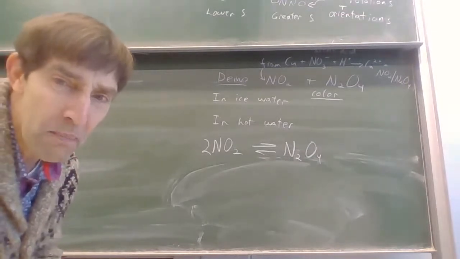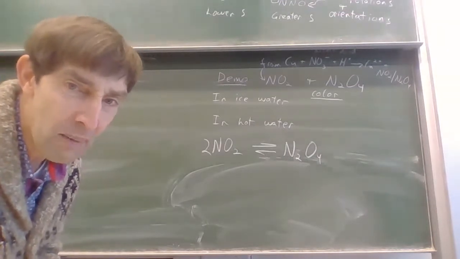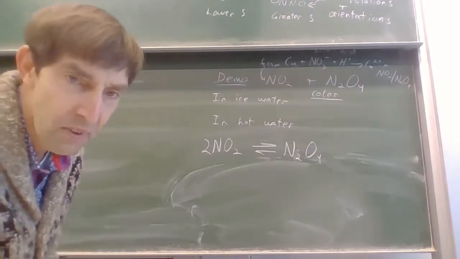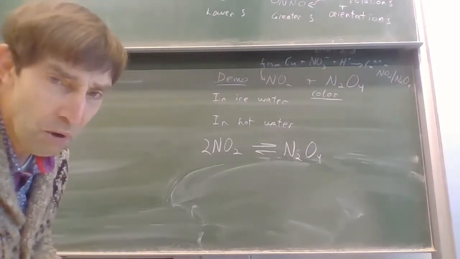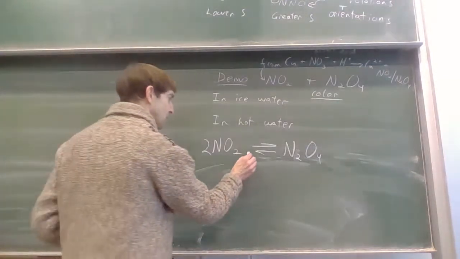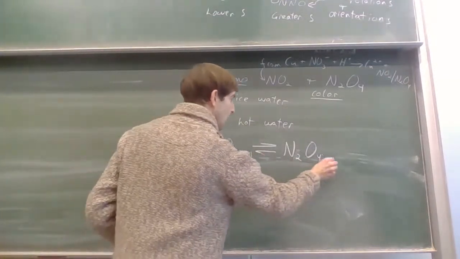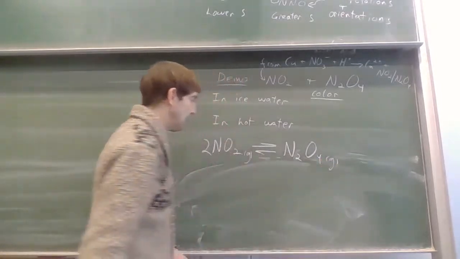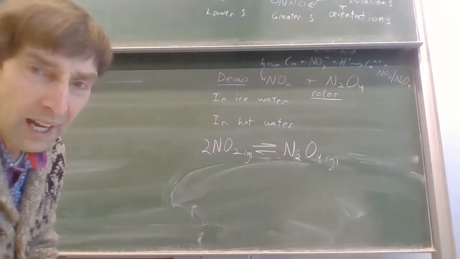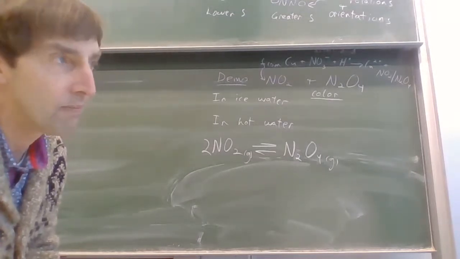Which side would be more favored at a higher temperature? Which chemical? Or you can say reactants or products. Hint, they're both gases. And I'm increasing the temperature when I put them in the warm water bath, I make them hotter.